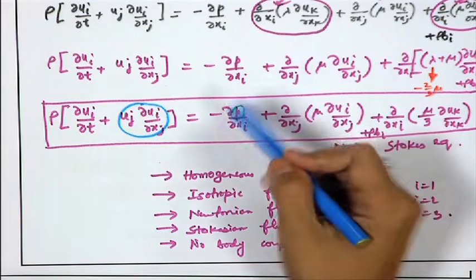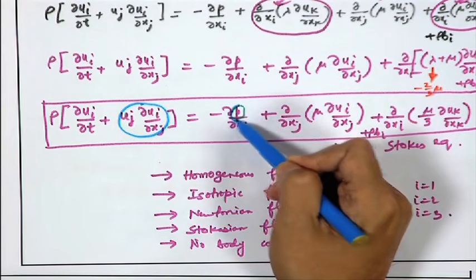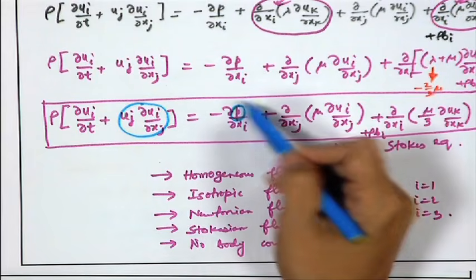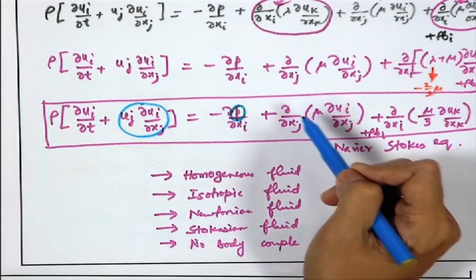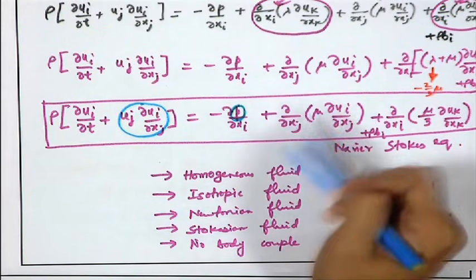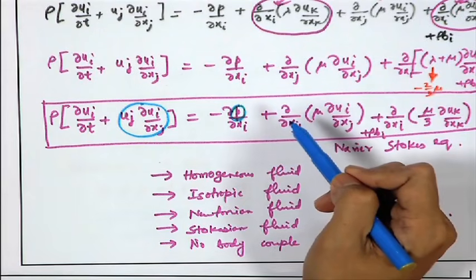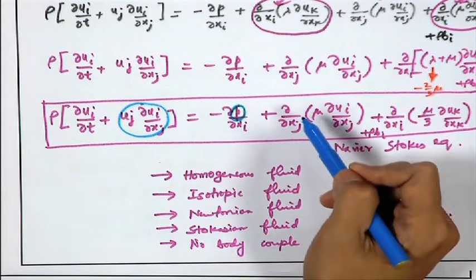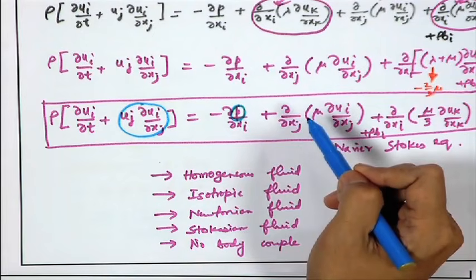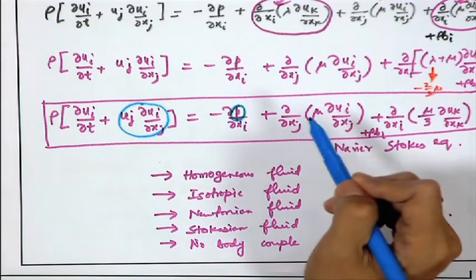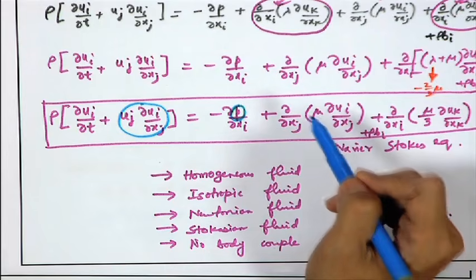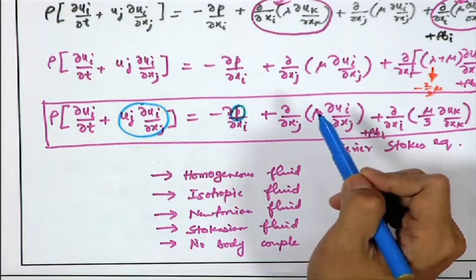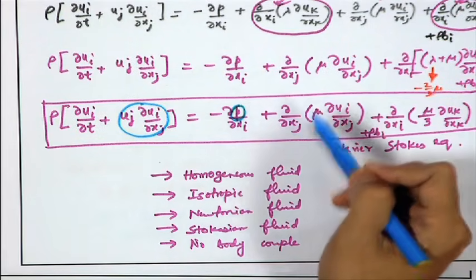Not only that, you have pressure as a variable, although you do not have an explicit governing equation for pressure. So all this makes the solution of the Navier-Stokes equation very challenging until and unless you encounter very simple special cases.